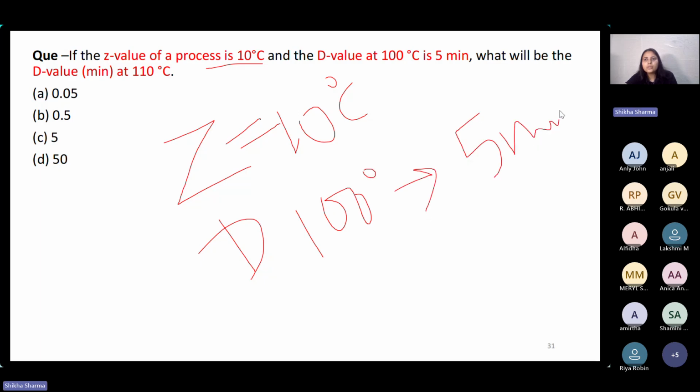So we need to calculate the D value at 110 degrees Celsius. Is anyone solving this question? Please solve this question.